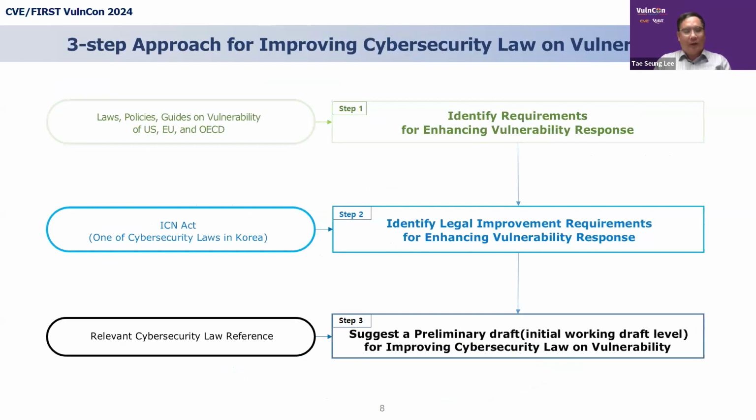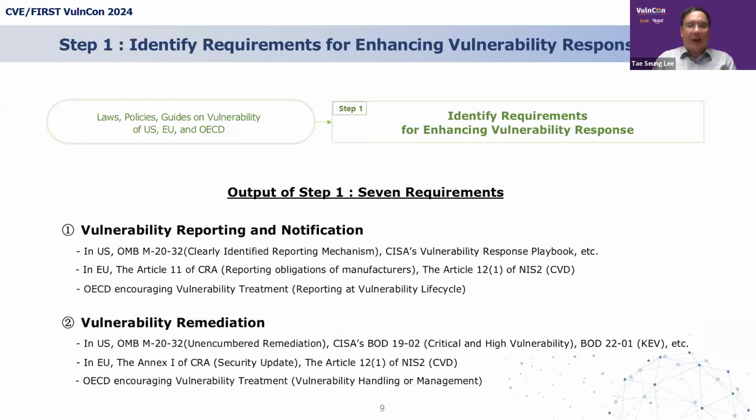As step 2, to identify legal improvement requirements, I apply 7 requirements identified in step 1 to the Korean cybersecurity law titled ICN Act. As step 3, I suggest a preliminary draft of legal improvement proposal in initial working level. From now, I will explain step 1 in more detail.